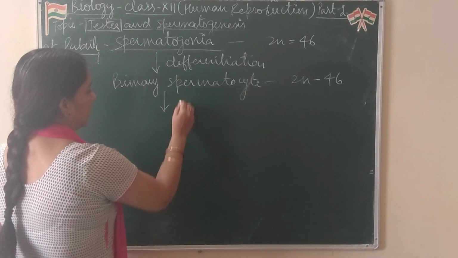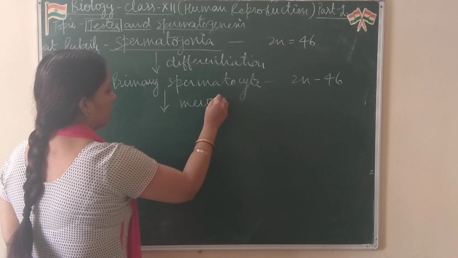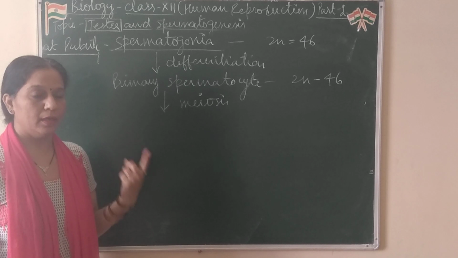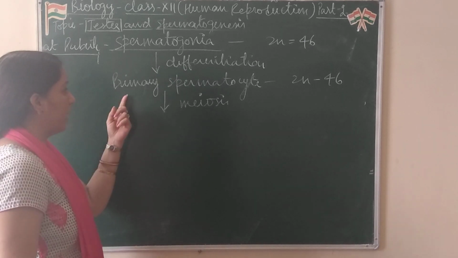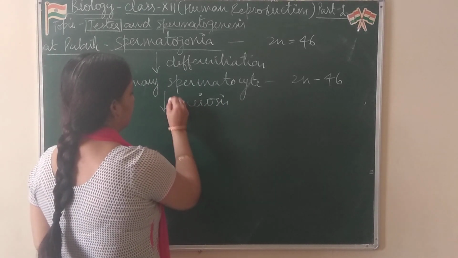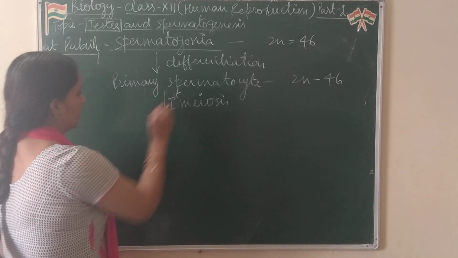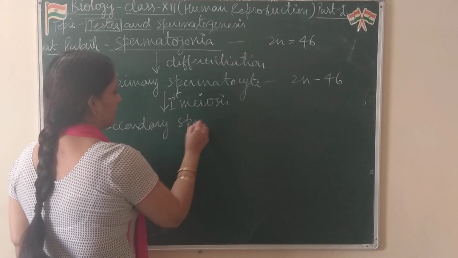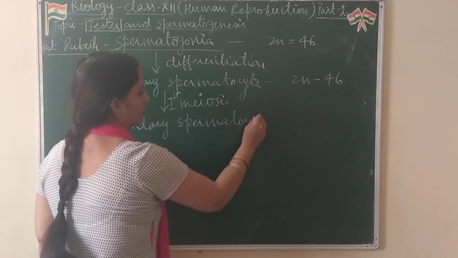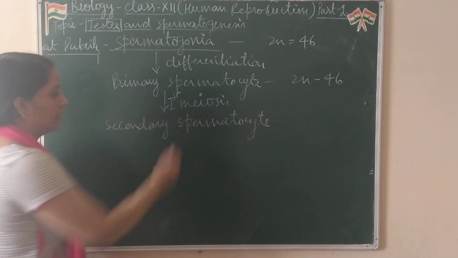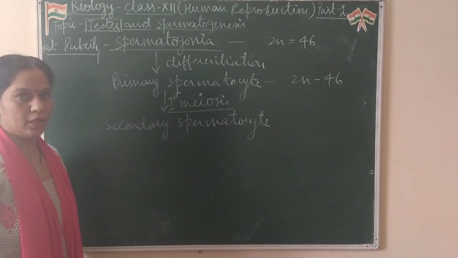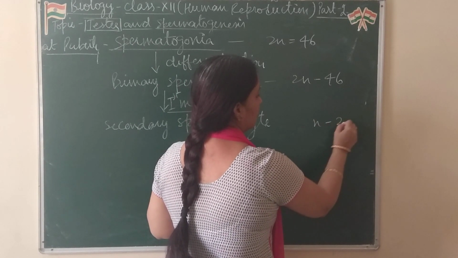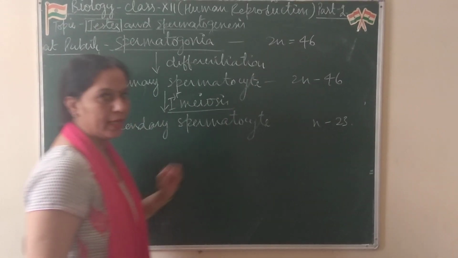Primary spermatocytes undergo meiosis, and we know that meiosis takes place in two phases, meiosis 1 and meiosis 2. So the primary spermatocyte undergoes the first meiotic division, which results in the formation of secondary spermatocytes. We know that meiosis 1 is a reductional division, so the number of chromosomes in secondary spermatocytes is reduced to half, 23.